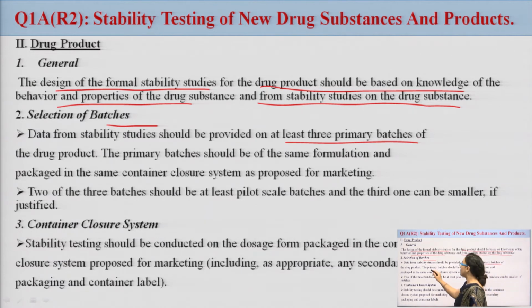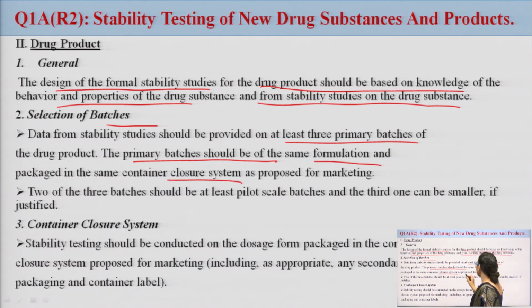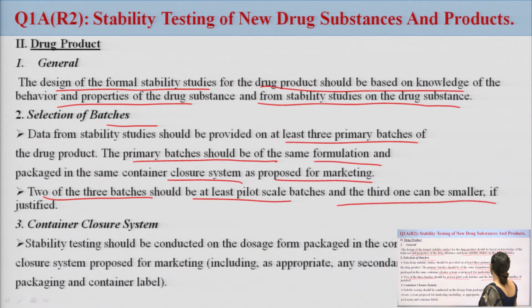The primary batches should be of the same formulation and packaged in the same container closure system as proposed for marketing and sale. 2 of 3 batches should be at least pilot scale batches and the third one can be smaller if justified. Next thing is container closure system.